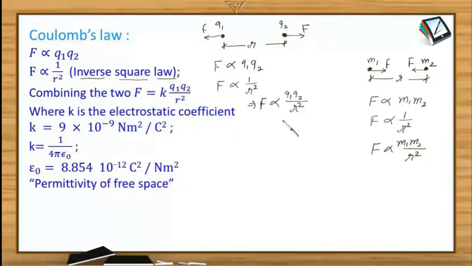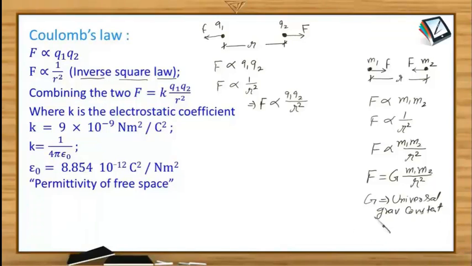We can remove this proportionality sign by introducing a proportionality constant. In the law of gravitation, the proportionality constant is capital G. So F is G into m1 m2 divided by the square of the distance, and here capital G is the universal gravitational constant.